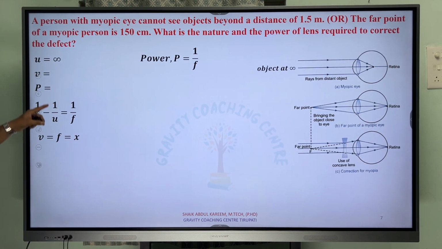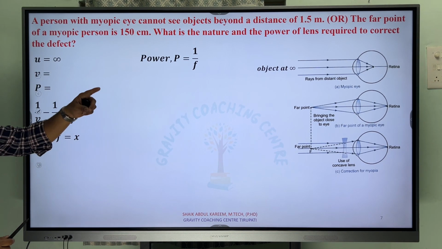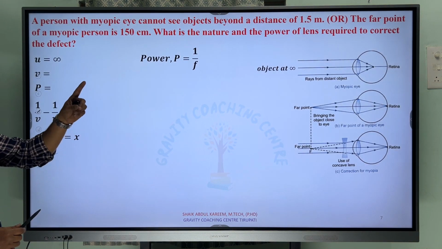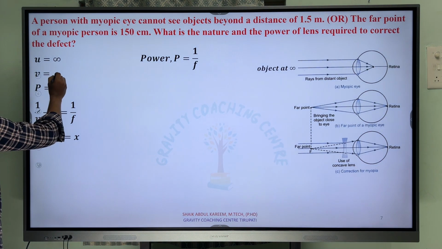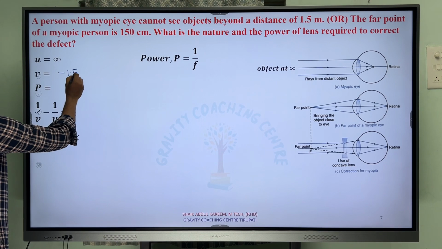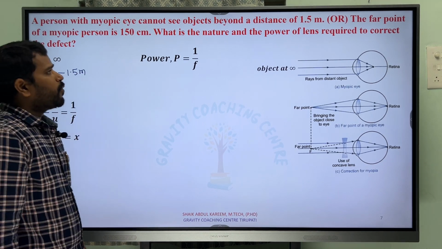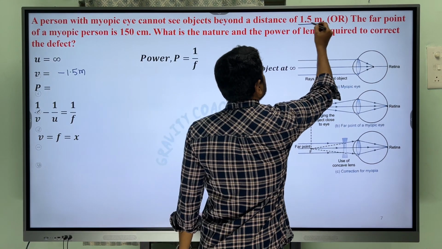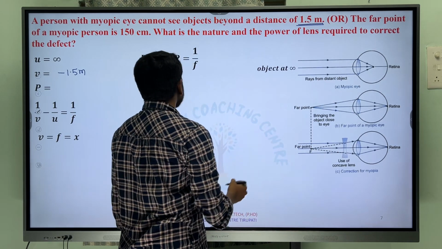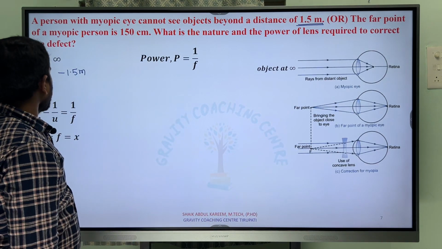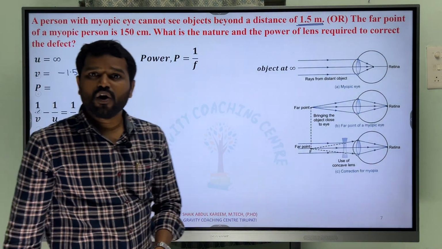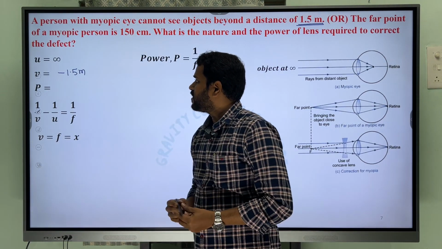See here, a person with myopic eye cannot see objects beyond a distance of 1.5 meter. So, we have to take this distance as the image distance, and the object distance we will take as infinity.